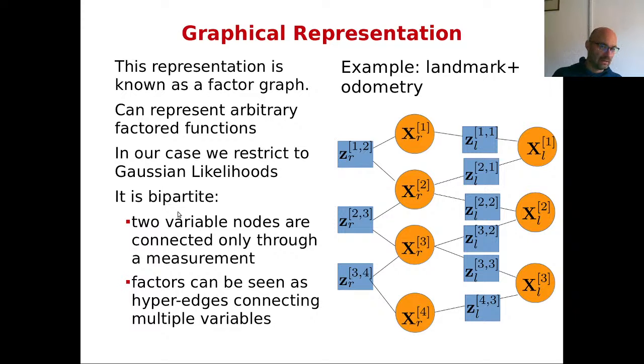And it's bipartite in the sense that you cannot reach an orange node from another orange node if you don't first pass through a blue node. This means bipartite. Okay.